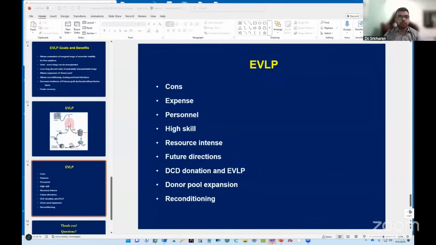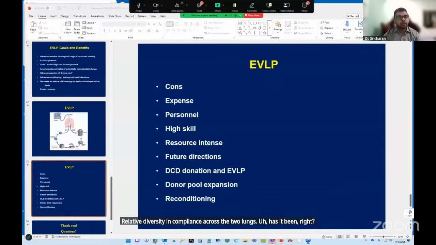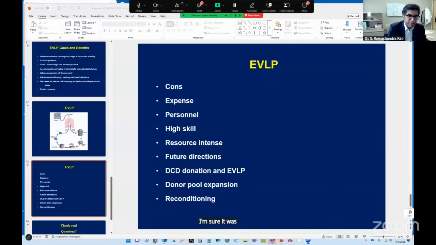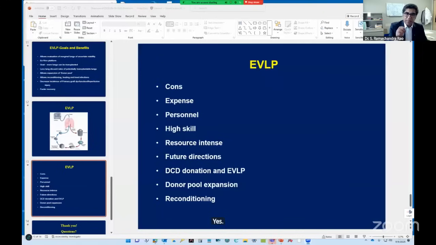One more question from my professor: is electrical impedance tomography possible with an EVLP, so that endotracheal tomography can give us more information about the relative differences in compliance across the two lungs? Has it been tried? I'm sure it was tried, particularly with differential compliance. A couple of comments about that.